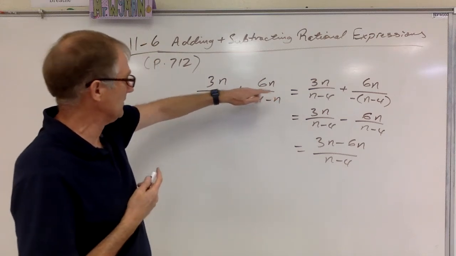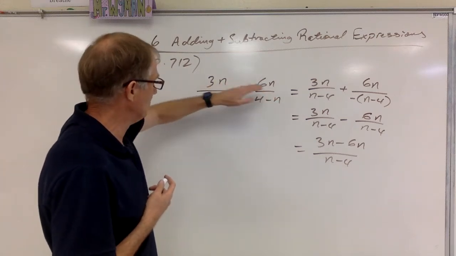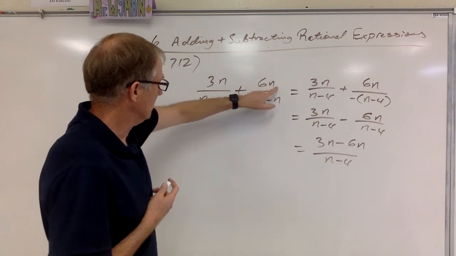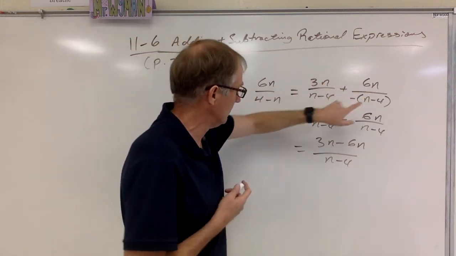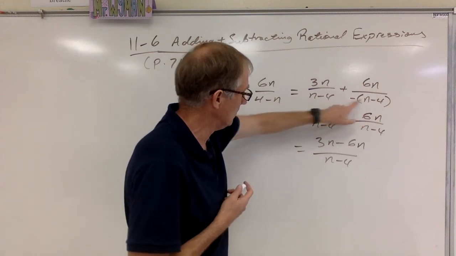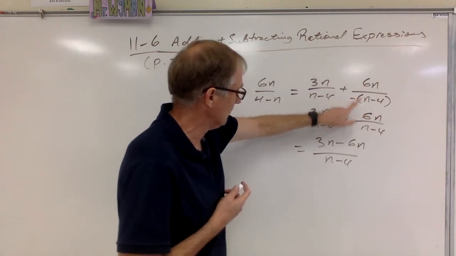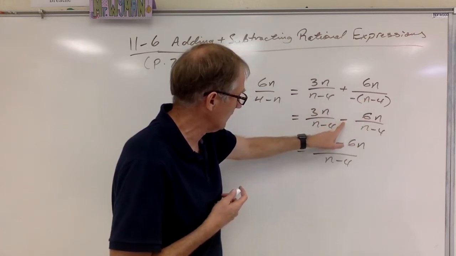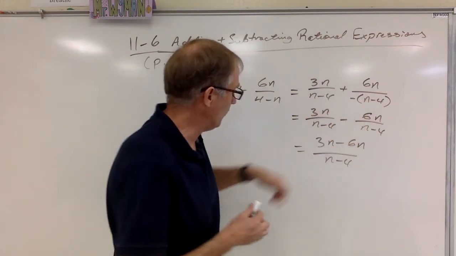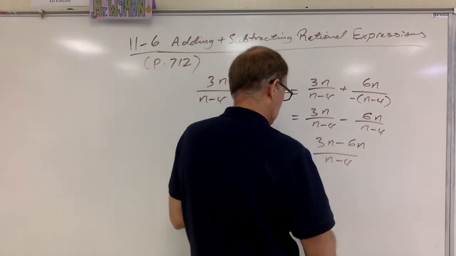If you're looking at the example in the book, it was 3n plus 6n. And here's the denominator. The main point of it, so here's my 3n plus 6n. I still had to change this, factored out the negative sign so that we have a common denominator. That negative sign is now right here. And now we can do 3n minus 6n.